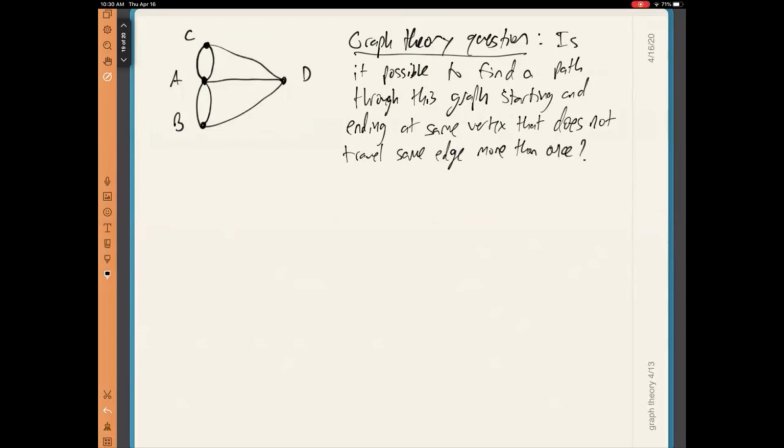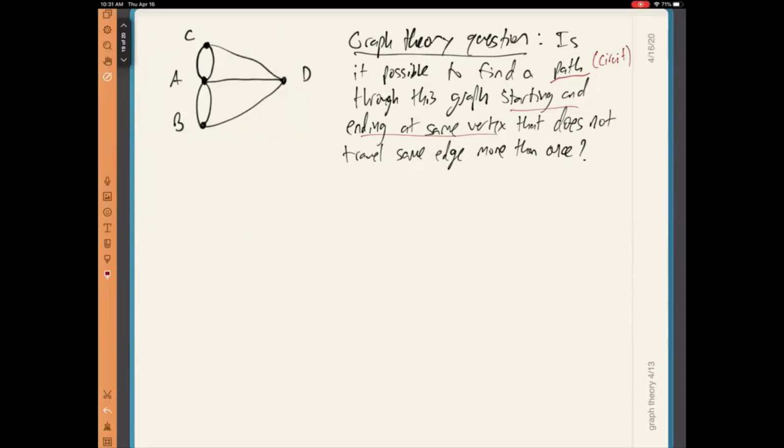Right, so we've converted this problem about crossing bridges into a graph theory problem about multigraphs. So one thing to point out is, well, I'm talking about a path that starts and ends at the same vertex. So remember, these are called circuits. Right, so we're asking if it's possible to find a circuit that starts and ends at the same vertex, which is what a circuit is, but we want the circuit such that you do not traverse the same edge more than once, right?